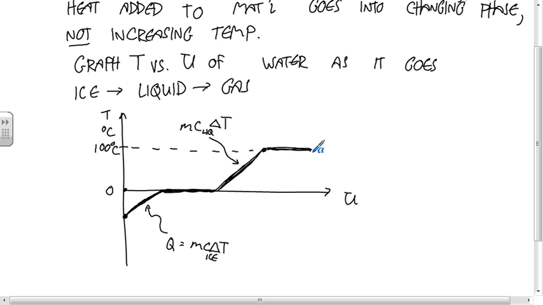And then the next bunch of energy you add just goes into converting 100 degree liquid into 100 degree steam. Eventually, it's all turned into steam. And if you keep adding energy, then the steam increases temperature according to MC, C of steam, delta T.